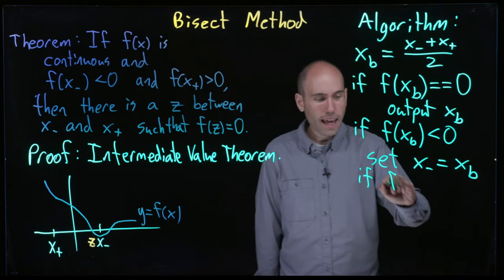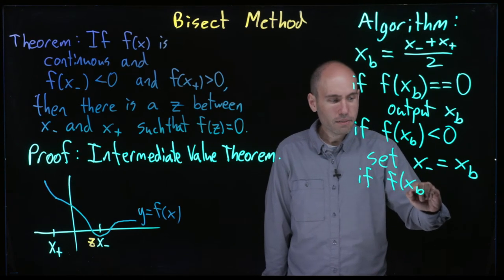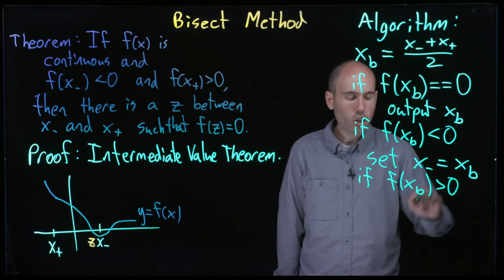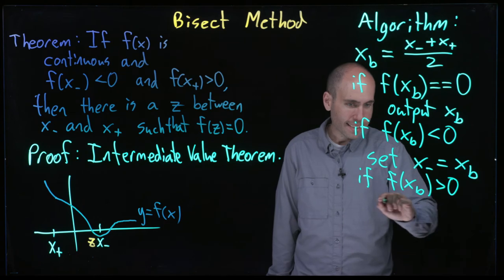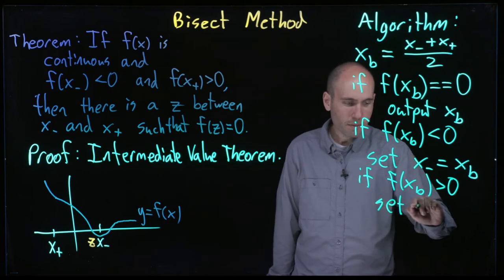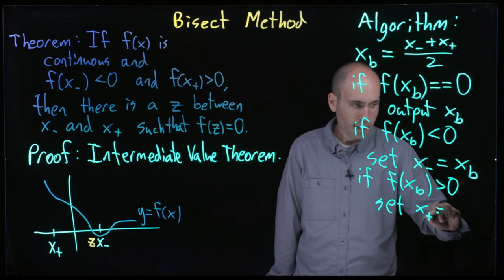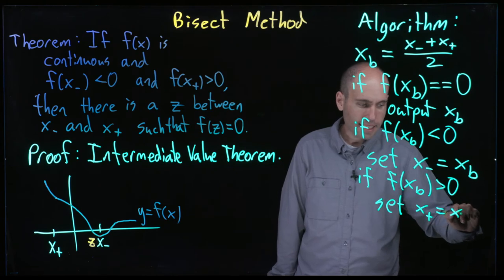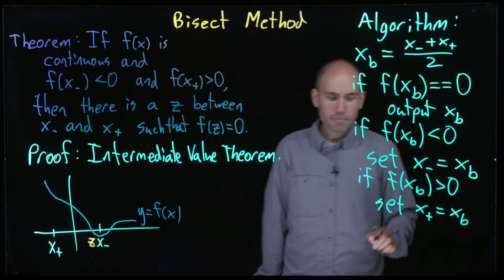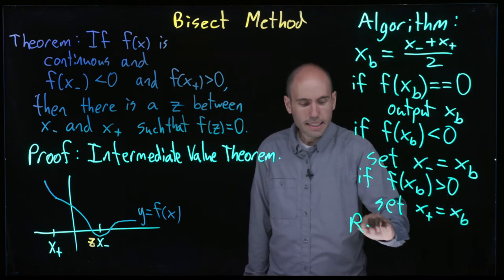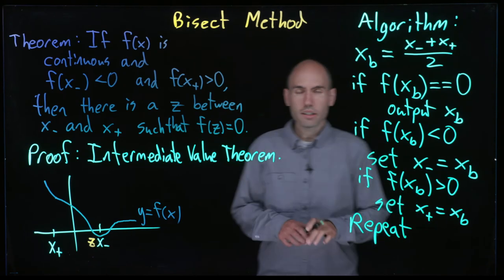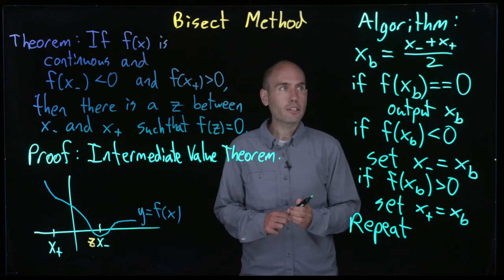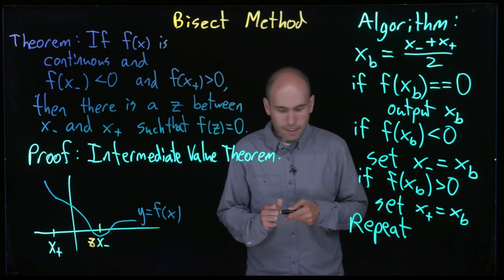And if f of x bisect is positive, then that means this could have been a new x positive value. So I'm going to set x positive equal to x bisect. And then this is a recursive algorithm. We keep doing this again and again until we're within a certain amount of accuracy. So I just say repeat here.